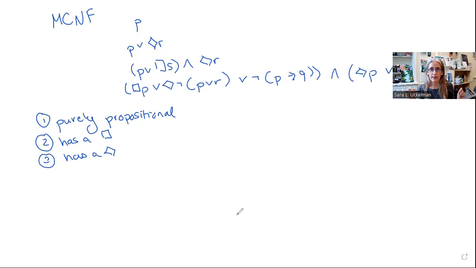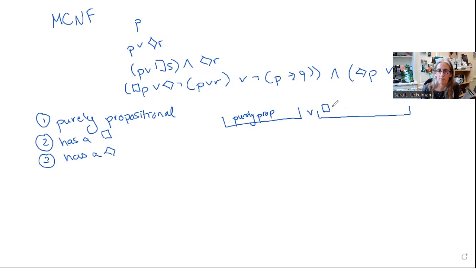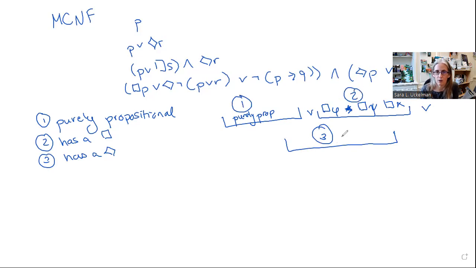What we're going to do is collect all of these bits together and order them so that first we have all of the purely propositional disjuncts, and then everything that has a box in front of it. So you might have box phi, box psi, box alpha, and so on. And then we will have the type 3. So we've got type 1, type 2, type 3.